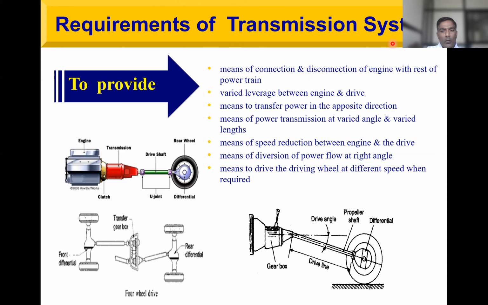Now let us see, one by one, the topics in this chapter. So first one is the requirement of the transmission system. Power is developed in the engine, and that power we are going to transmit to the wheels via various elements.